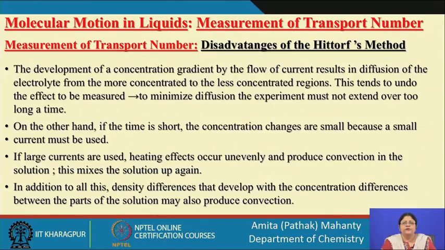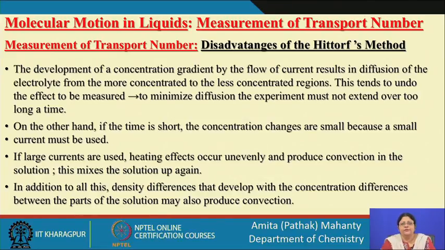So, to avoid this, we cannot make the experiment too long, because if you extend the experiment for too long, you tend to see those effects more prominently. Again, if the time is too short, the concentration changes are too small and the current cannot be measured. A small amount cannot be used to determine the results.